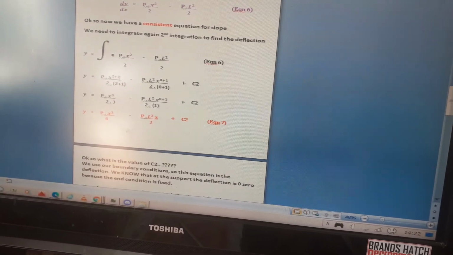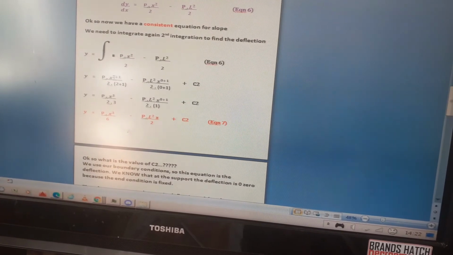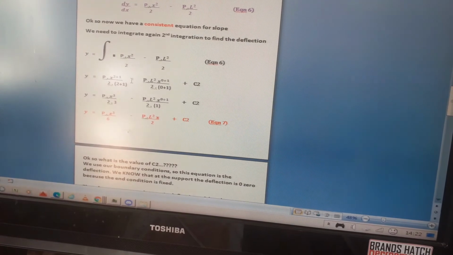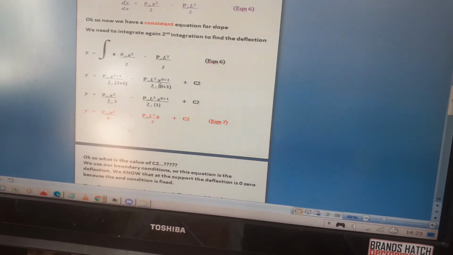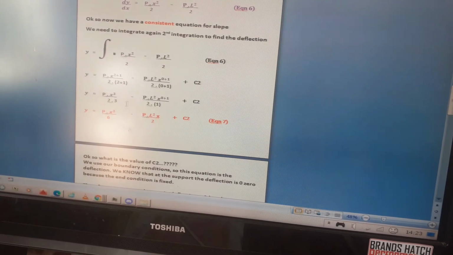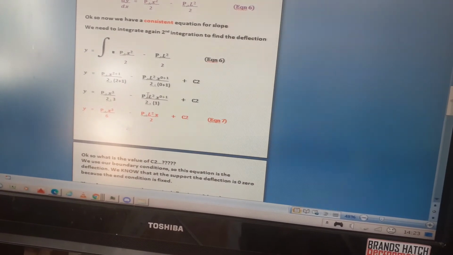y equals P x to the power 2 plus 1 divided by 2 times (2 plus 1), minus PL squared x to the power 0 plus 1 divided by 2 times (0 plus 1), plus C2. So y equals Px cubed divided by 2 times 3, minus PL squared x divided by 2, plus C2.